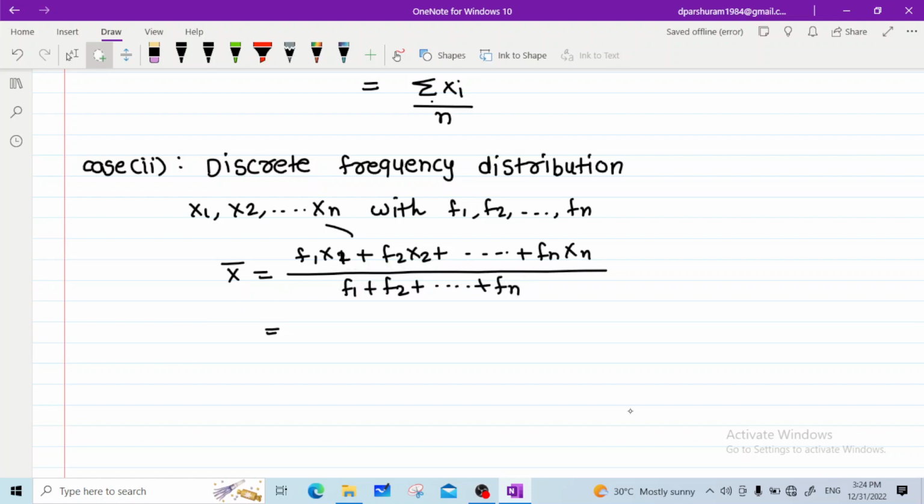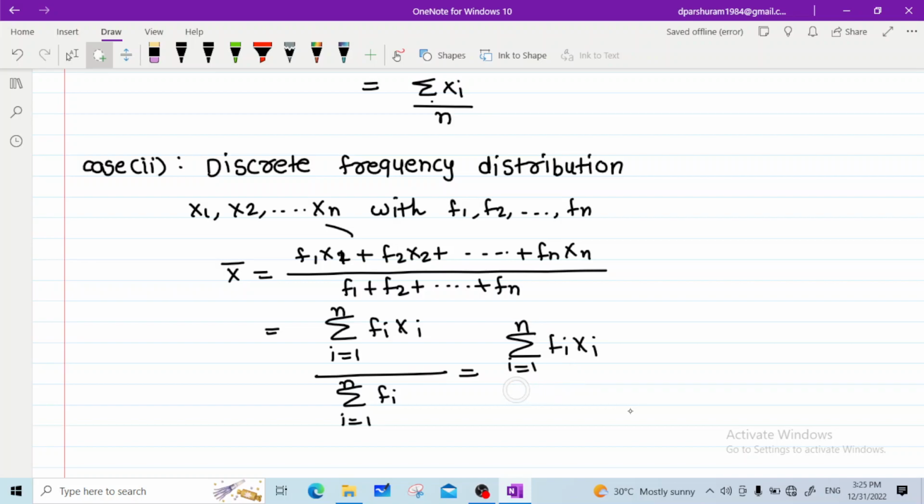This sum is denoted in the summation form as summation fi xi, i going from 1 to n, divided by summation fi, i going from 1 to n, and this sum is denoted by capital N. In numerator i is equal to 1 to n fi xi.